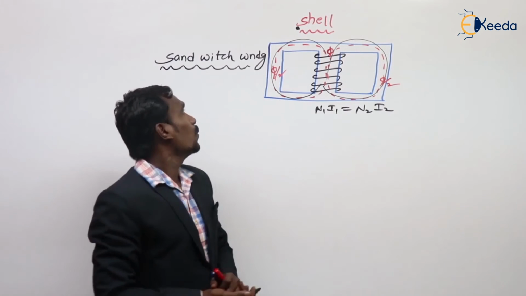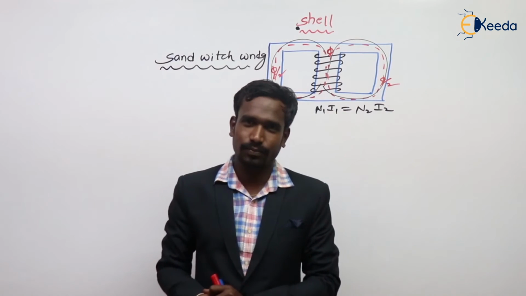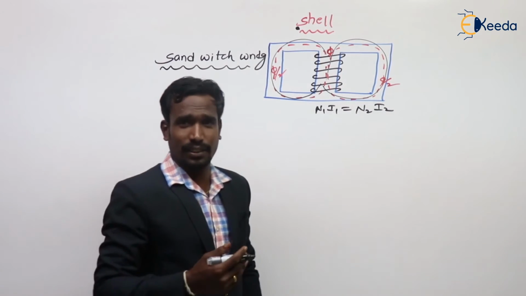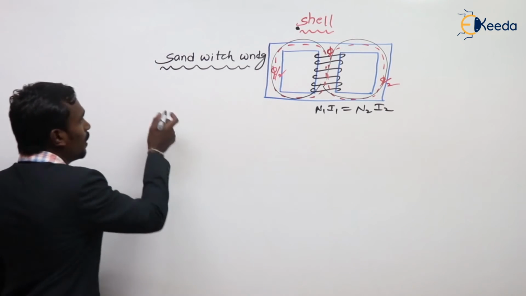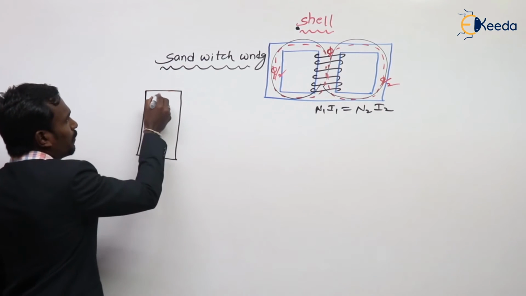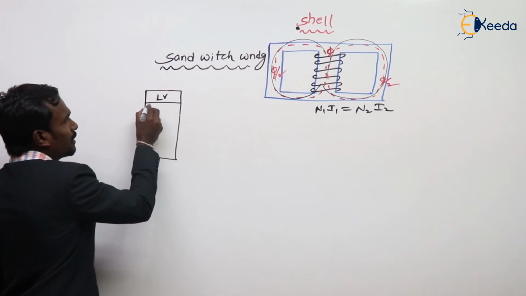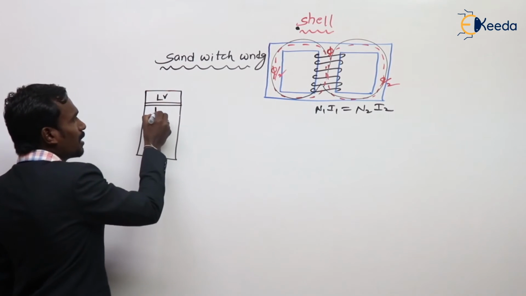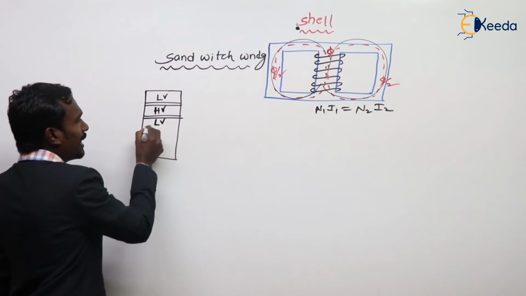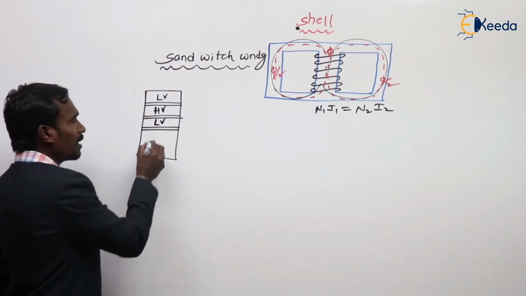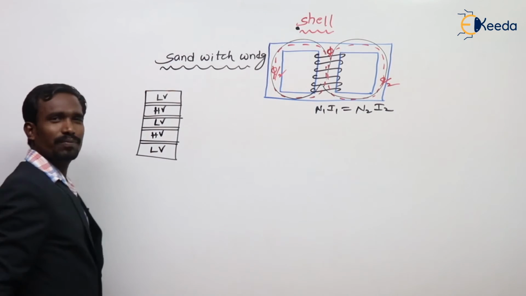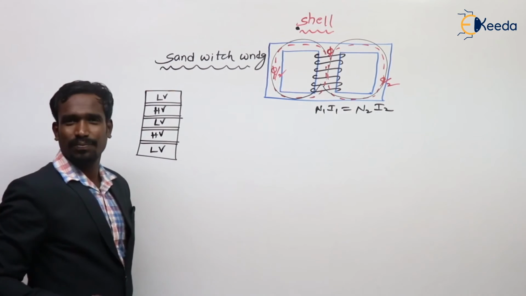Right, okay? We are going to discuss sandwich winding. Sandwich winding is nothing but a winding arranged like a sandwich. How is it? See here. For example, the winding is first LV, insulation, then HV, insulation, then LV, insulation, then HV, insulation, then LV, layer by layer.